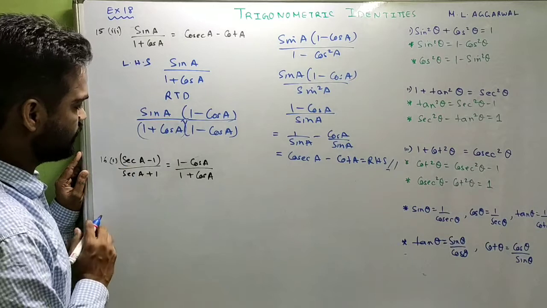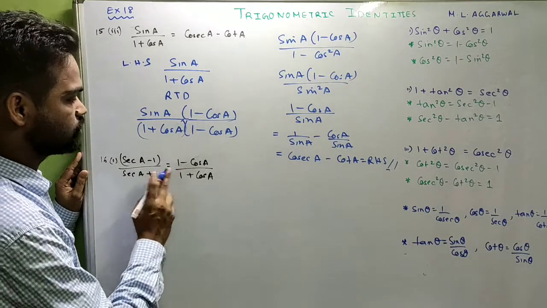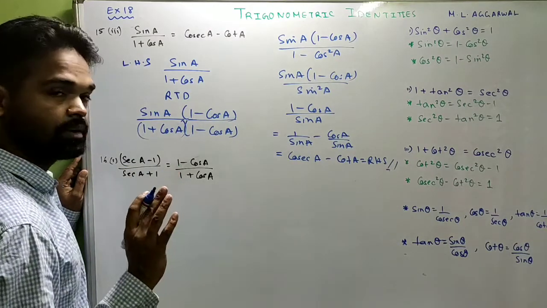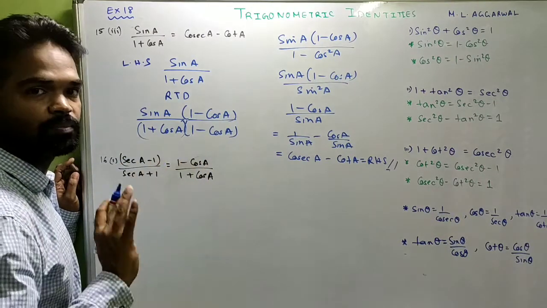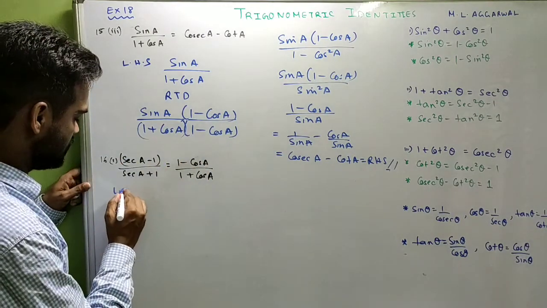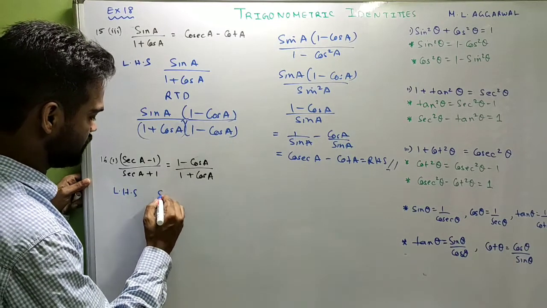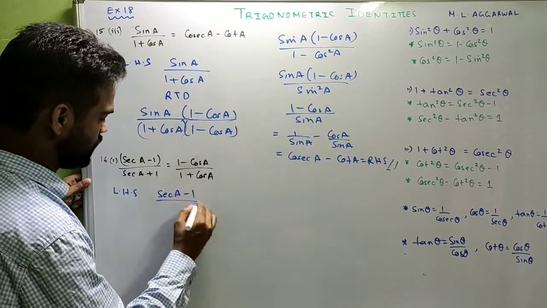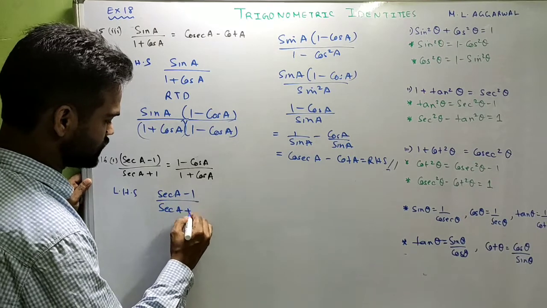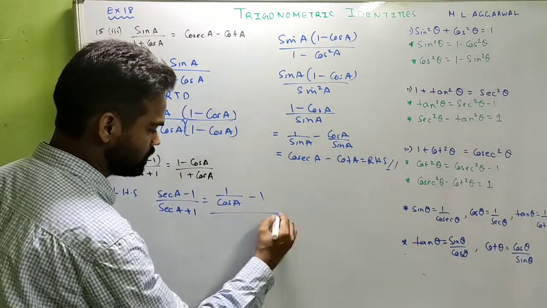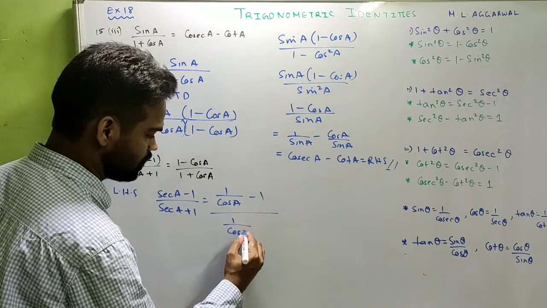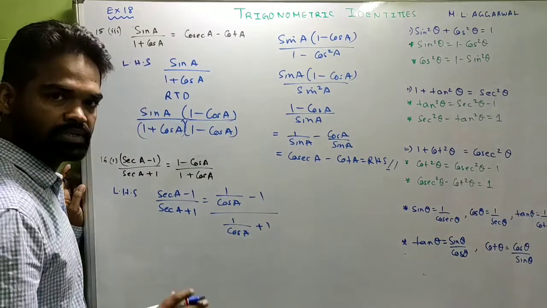Prove that sec A minus 1 by sec A plus 1 equals to 1 minus cos A by 1 plus cos A. Very simple. Sec and cos are reciprocal to each other. So can I write, just look over here in the left hand side, sec A minus 1 by sec A plus 1. Can I write this as 1 by cos A minus 1, 1 by cos A plus 1, isn't it?